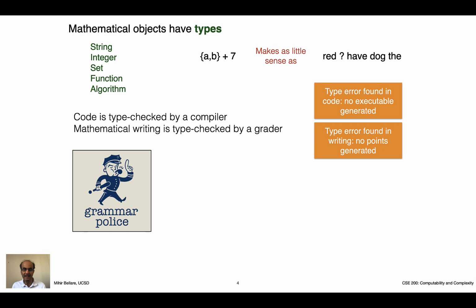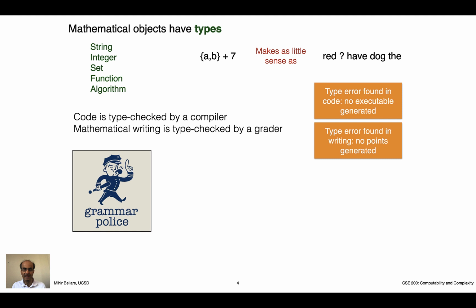When you write a program, if it doesn't type check, you're going to be told. Your compiler will come back and tell you you have an error. What plays that role in mathematics? Well, to some extent, whoever is reading what you write. In this class, it could be a grader, but moving forward, it could be a reviewer of your paper or anyone receiving your work.